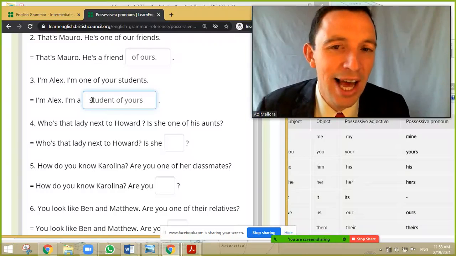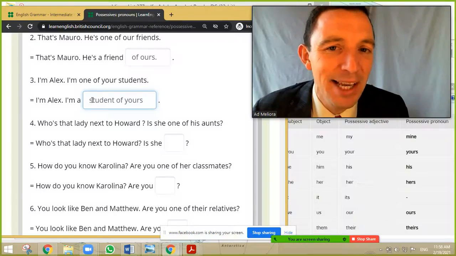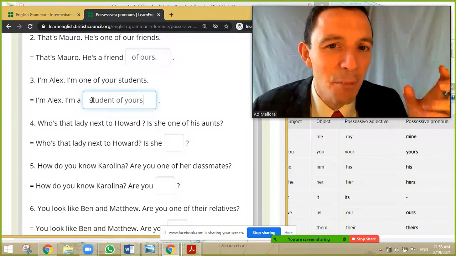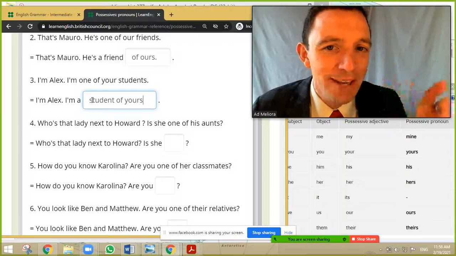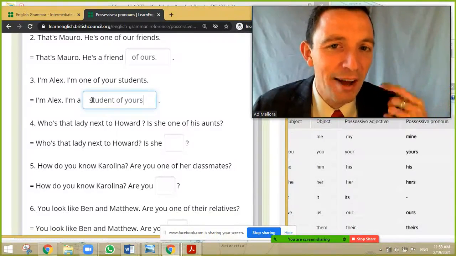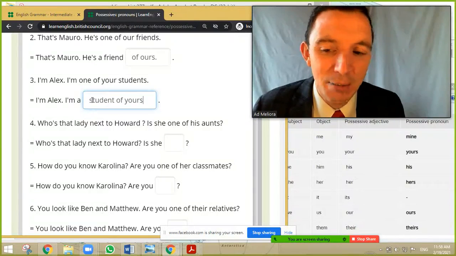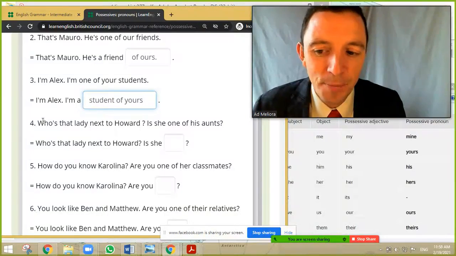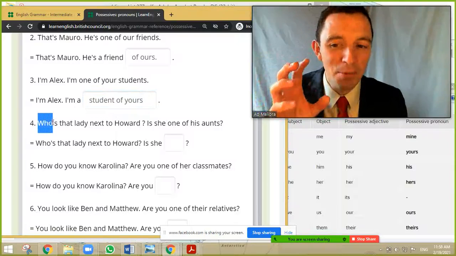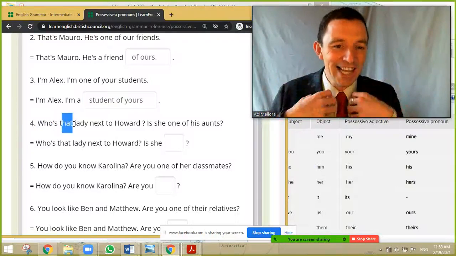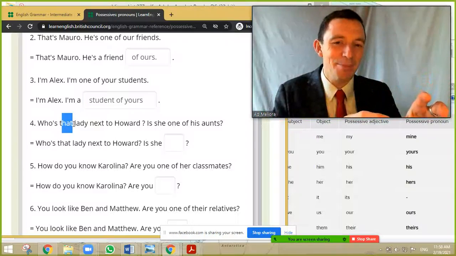Very good. In the Cambridge exams, typically you have the transformation of the sentence, and this type of activity is very useful and very similar to the sentence transformation in the Cambridge exams.